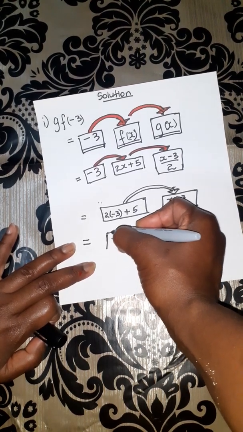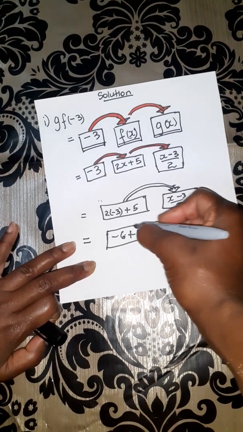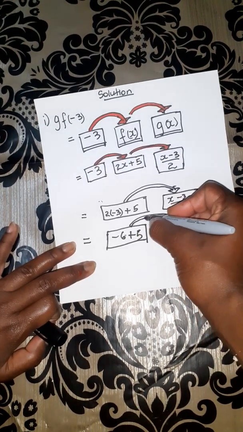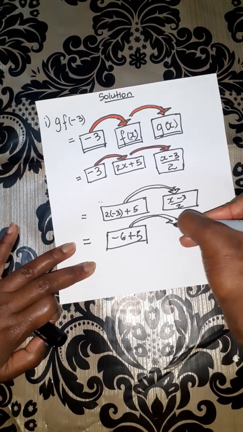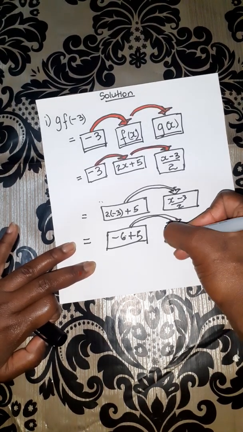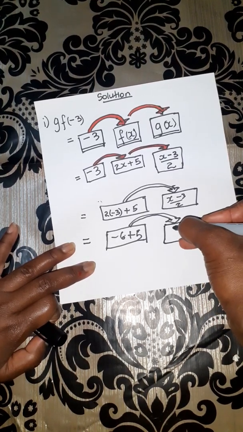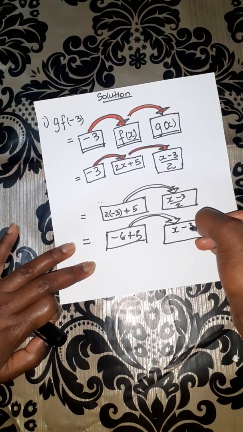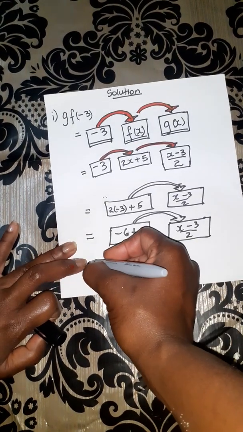Still going to use my box. Don't mind the look of the box. It might look a little bit lopsided, but just remember what it stands for. When we get our result, we're going to put it into the g function.